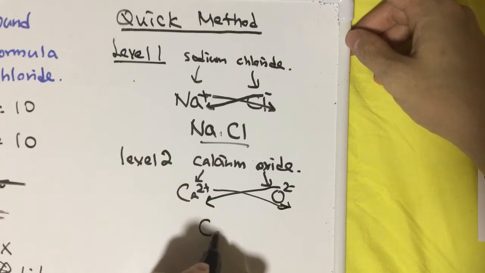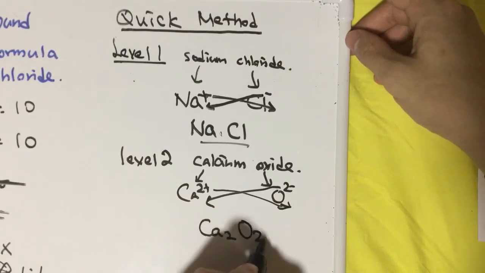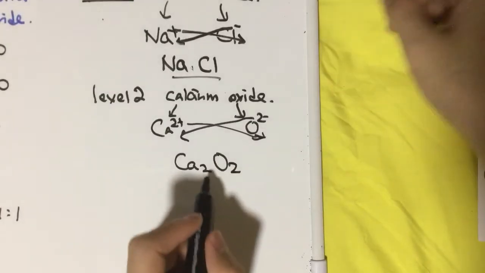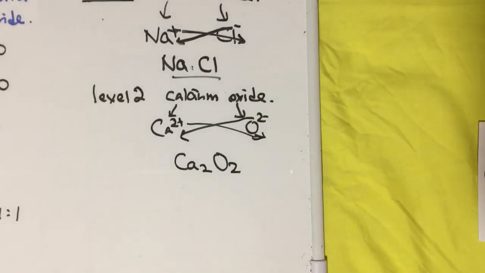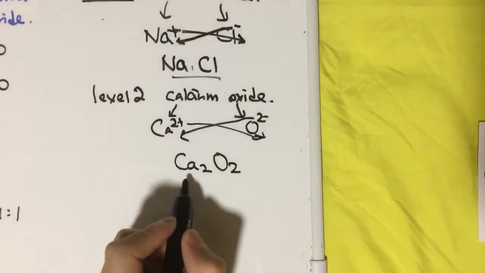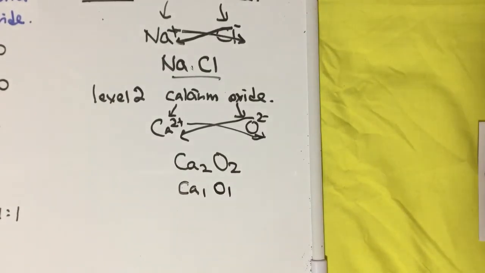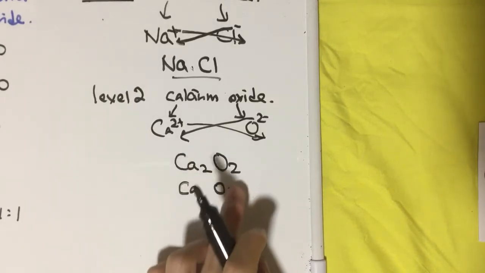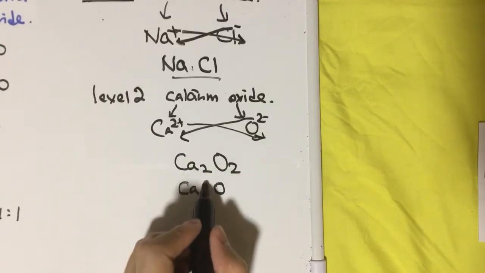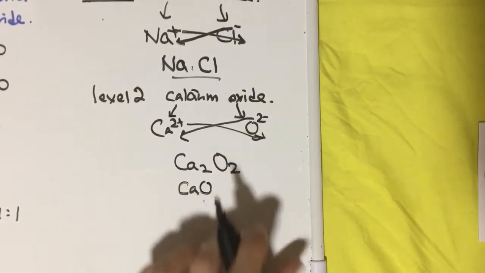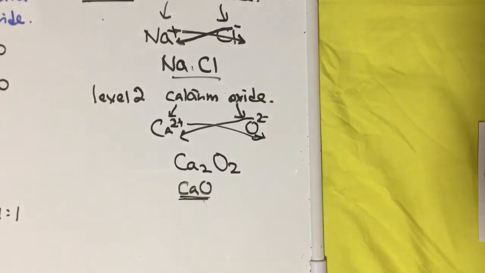So it will become Ca2O2. Hey, take a look here, 2-2 ratio, right? So actually you have to simplify the ratio. It becomes Ca1O1, right? So this is actually CaO. So this is actually the chemical formula of calcium oxide, CaO.